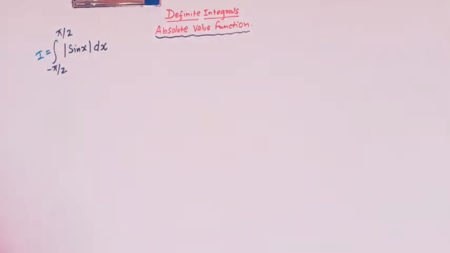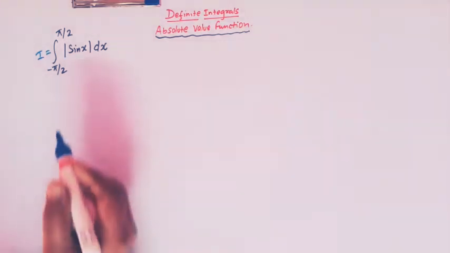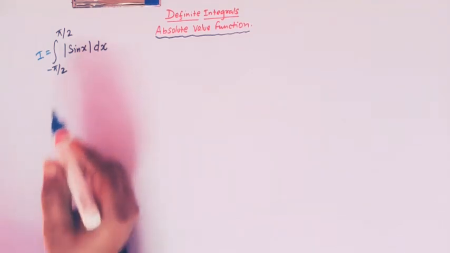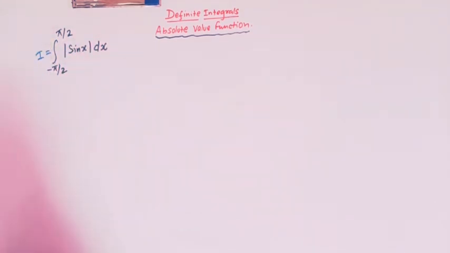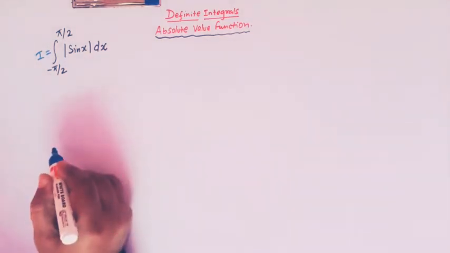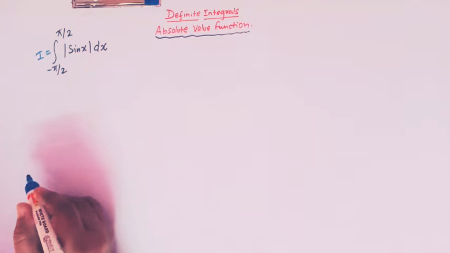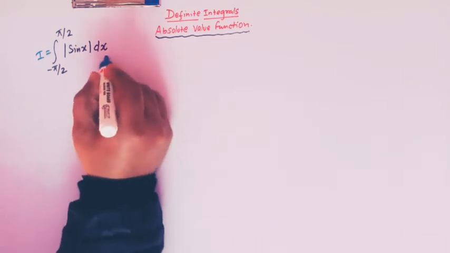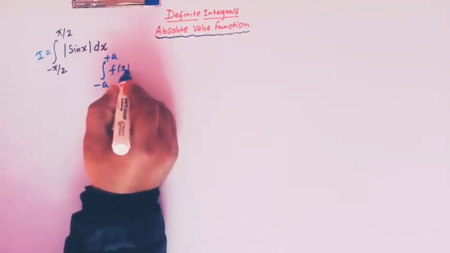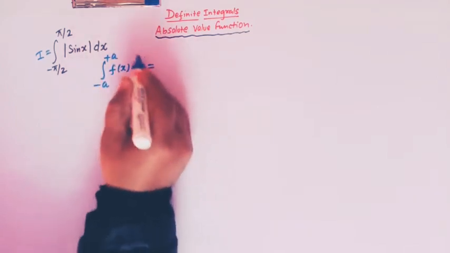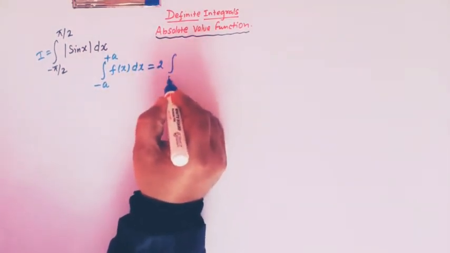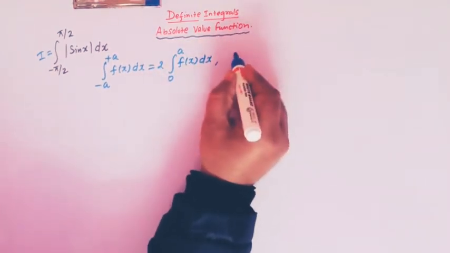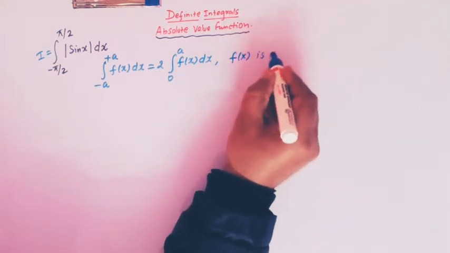Before proceeding further, let us first decide which property is to be used to evaluate this definite integral. We have seen one important property of definite integrals which says that if we have to evaluate an integral from minus a to plus a of f of x dx, then this integral is equal to 2 times the integral from 0 to a of f of x dx whenever f of x is an even function.